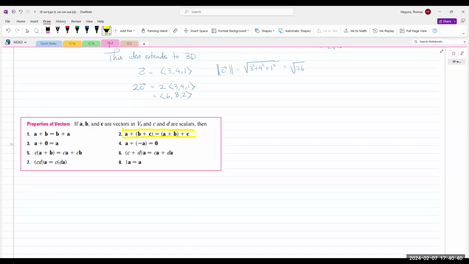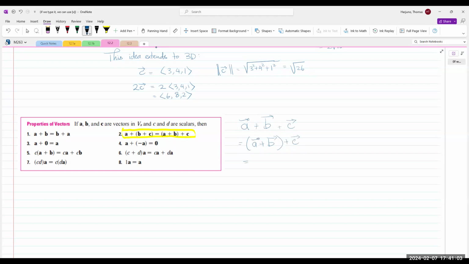Now, the associative property basically says the following: if you're adding 3 vectors, actually the only way to add 3 vectors is by adding 2 of them at once.